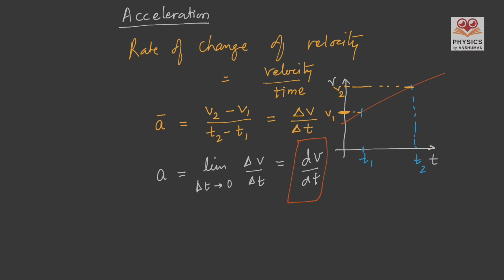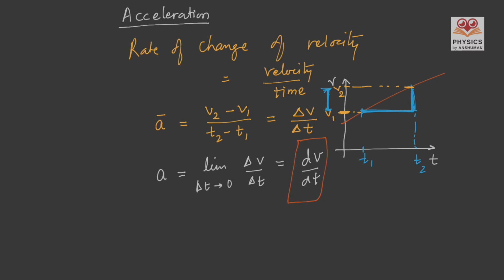This change of velocity is from v1 to v2, and this distance on the graph shows the change in velocity, that is v2 minus v1. If you draw v2 minus v1, this length right here on the right hand side, and the change in time here, then the graph we have shown in red color looks like a triangle.